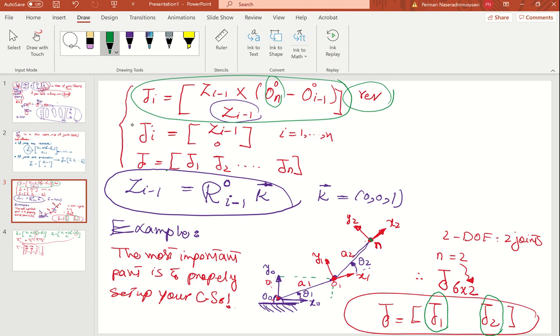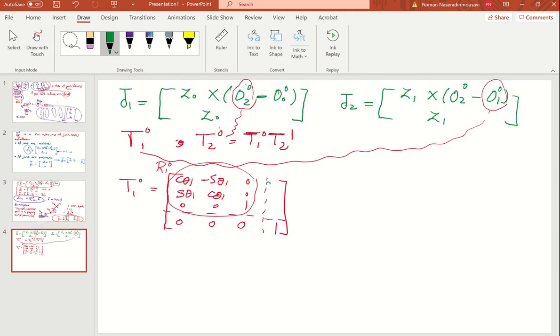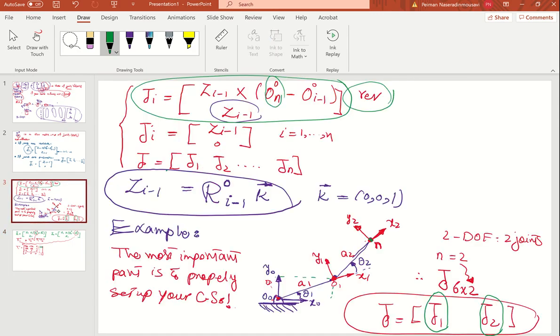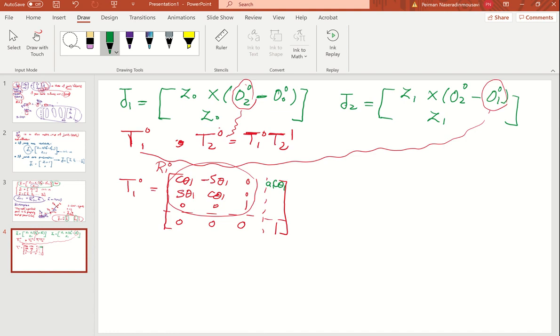A1 in the x direction, A1 cosine theta 1. That's right. And A1 sine theta 1 from trigonometry. A1 sine theta 1. What about the z direction? Any transformation? No. So this is 0. We got it.